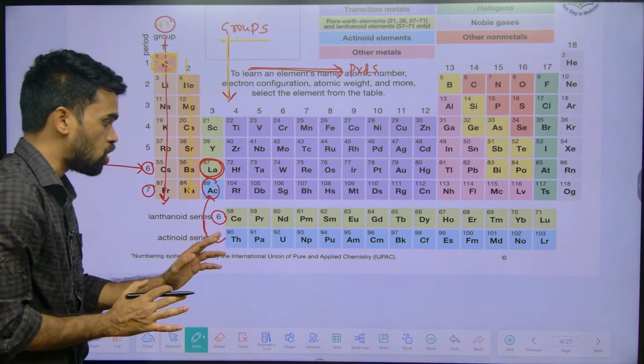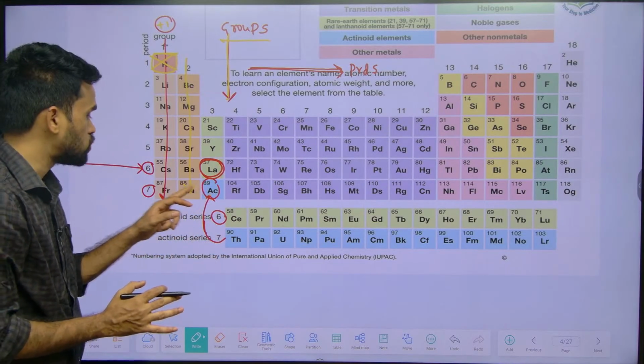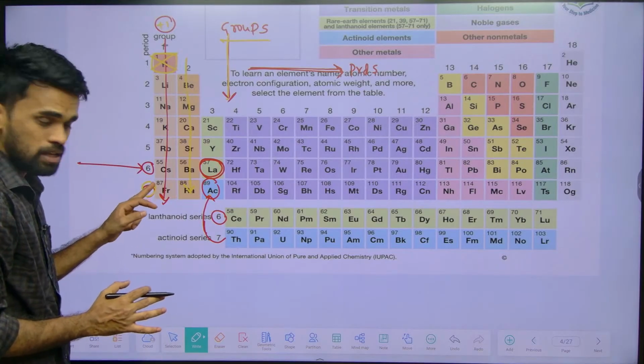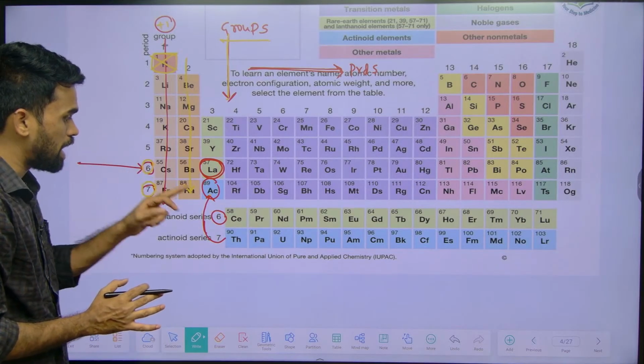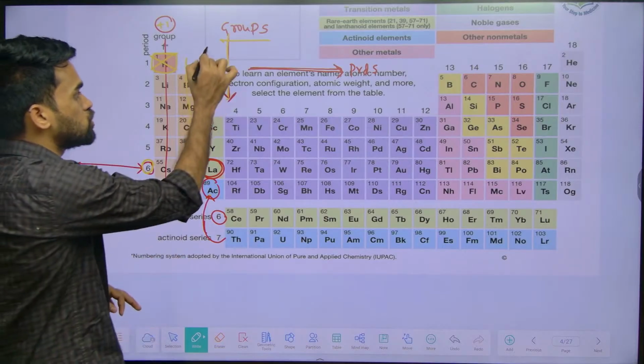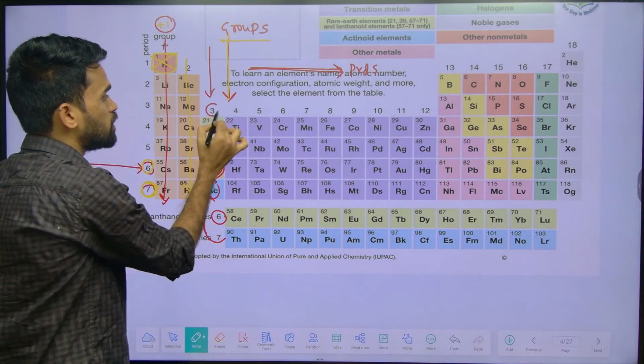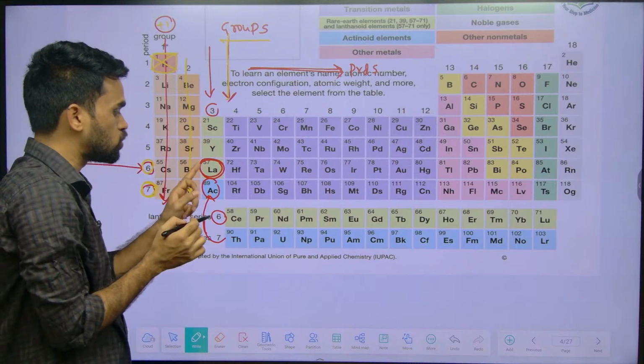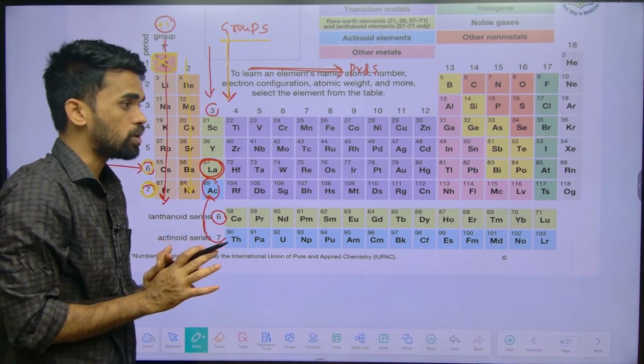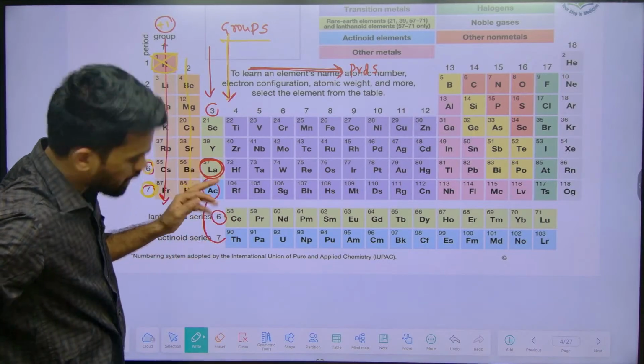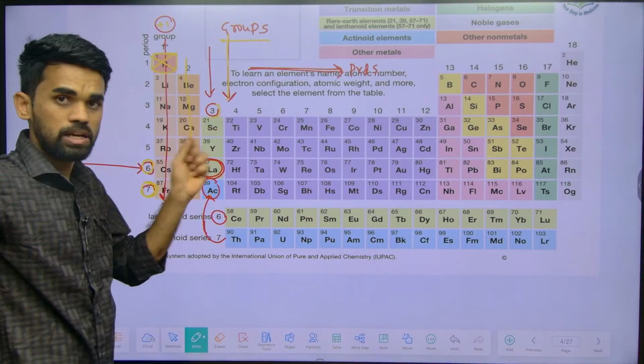So actinides are in the 7th period. Lanthanides are in the 6th period, actinides are in the 7th period, and both are in the 3rd group of the periodic table. All of them lie in only a single group, particularly the 3rd group.